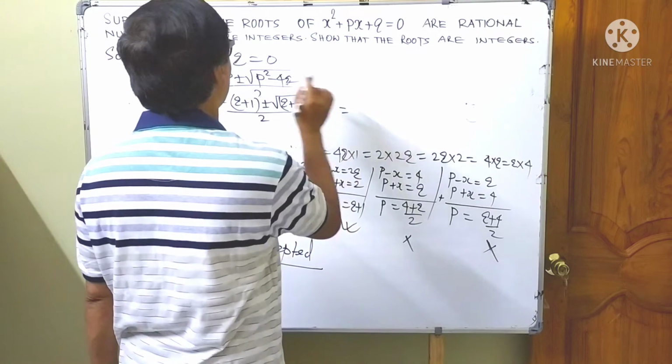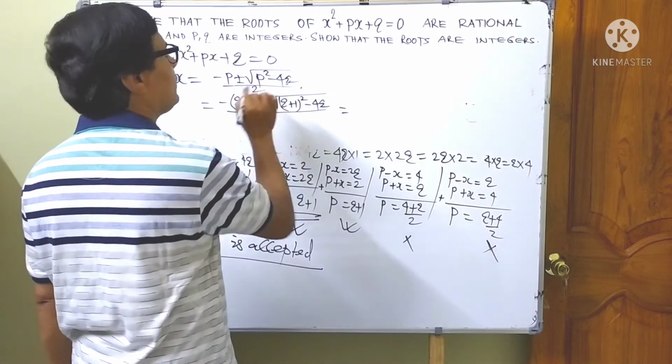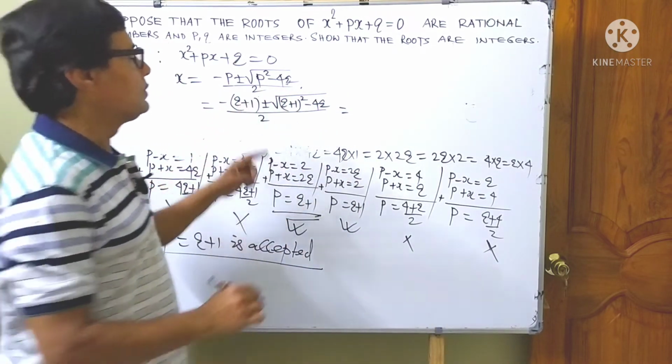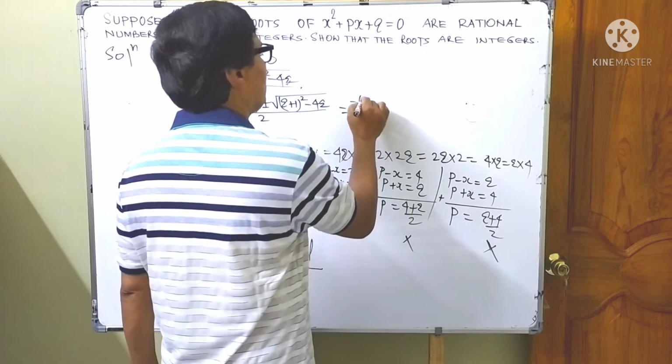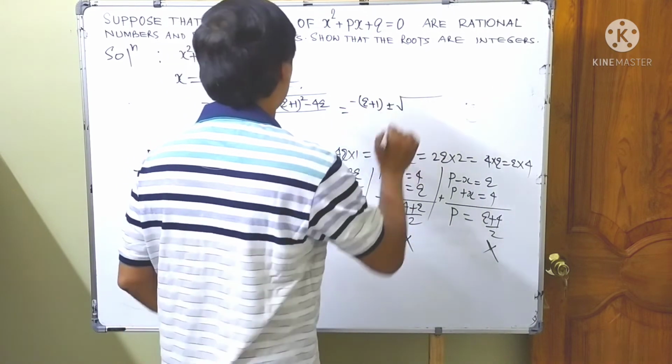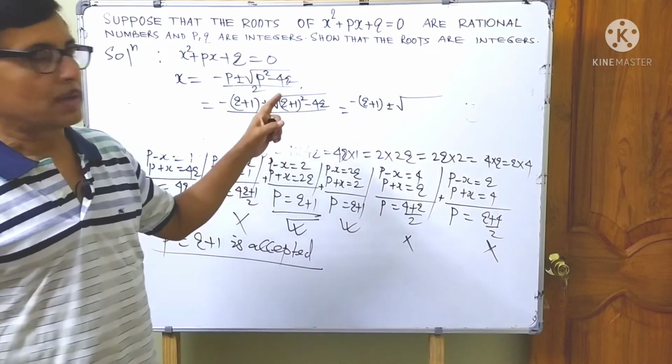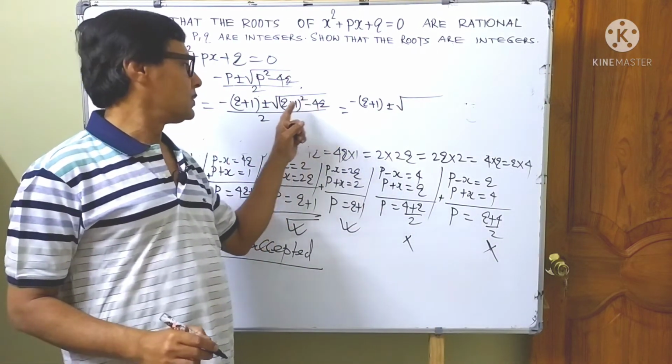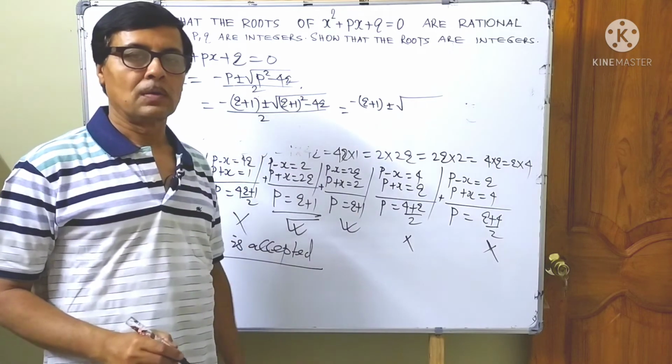This is equal to minus (q plus 1) plus minus root of ((q plus 1) whole squared minus 4q), which is equal to (q minus 1) whole squared.